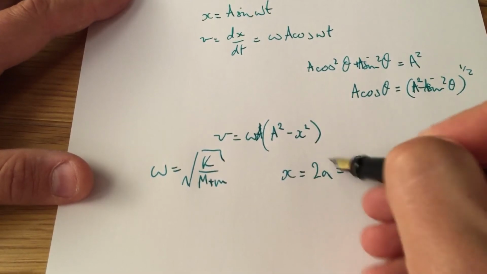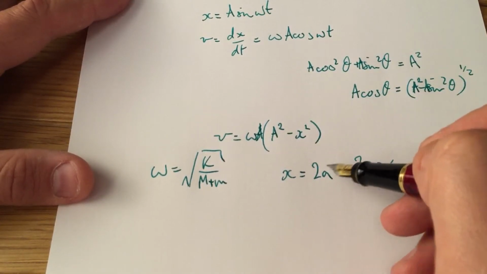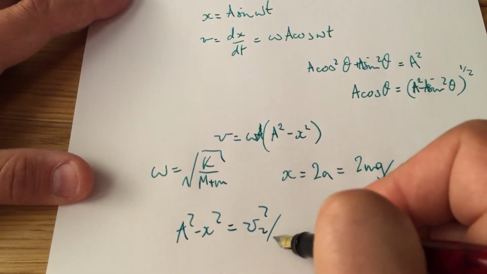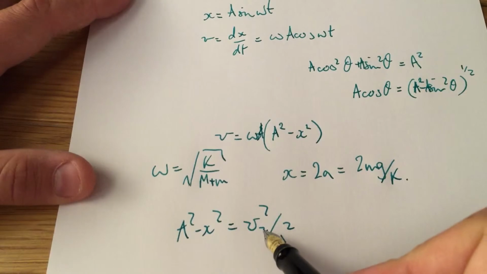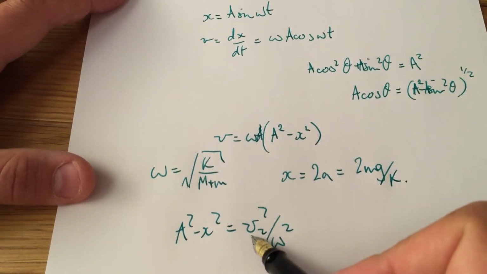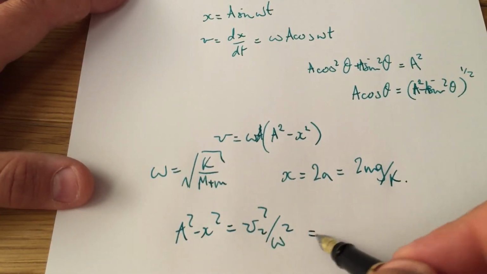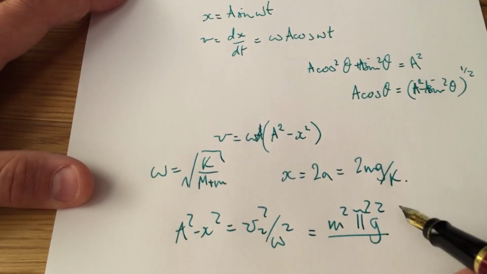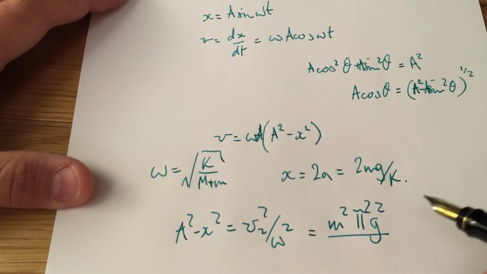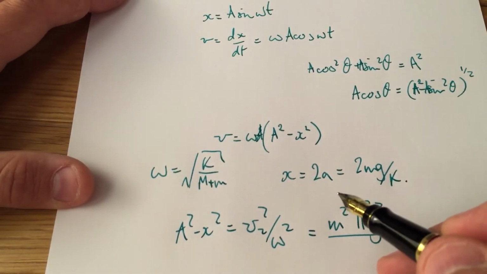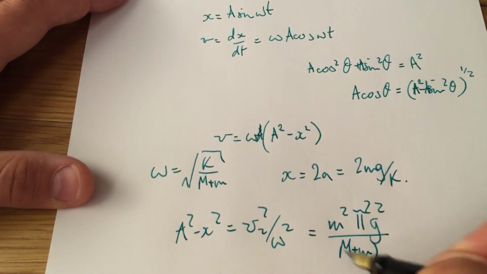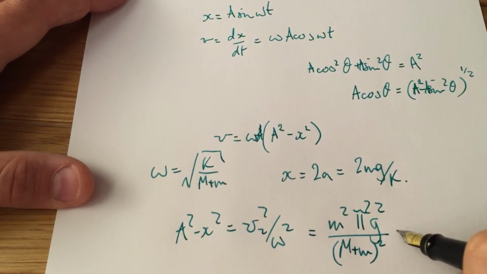Remember, x was how far we've moved, two lots of the extension. a squared minus x squared gives me v2 squared over omega squared. v2, because that's what I'm going to take because I have an expression for that, which gives me m squared pi squared g squared over m plus m squared, times m over k.